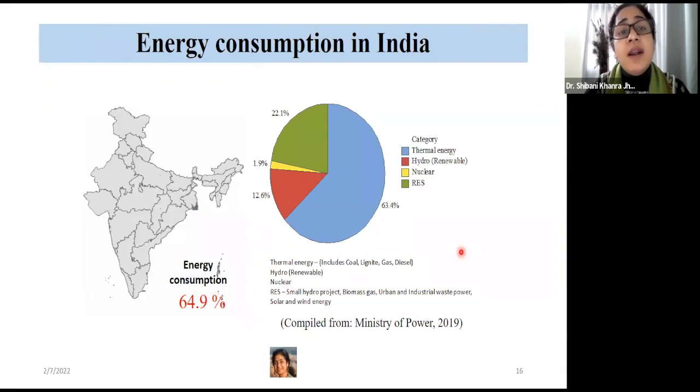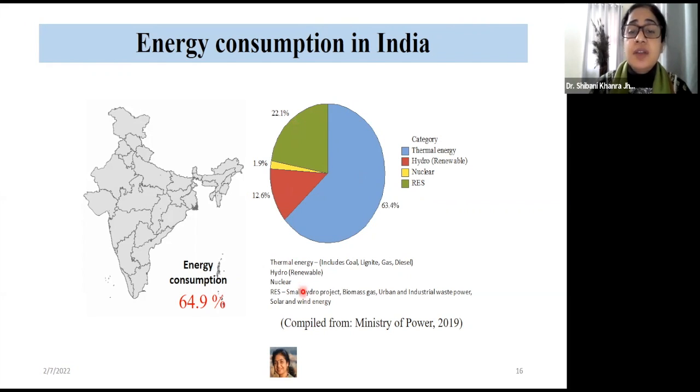Now, let's look at energy consumption in India. When we look into it, we can see we are still utilizing energy from thermal energy sources, which is the highest share, as you can see in this particular pie chart. Whereas hydro, which is shown here, is contributing one of the greater percentages, that is 12.6%, whereas renewable energy sources altogether is 22.1%.